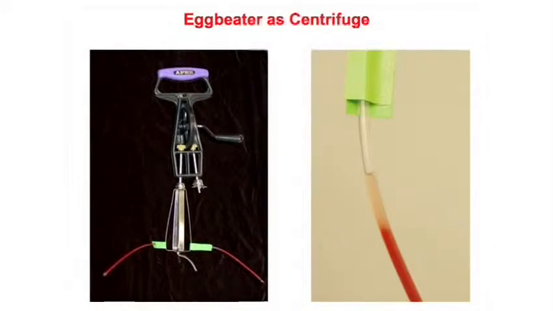Terrific. What happens if you don't have electricity and a centrifuge and whatever? We thought for a while of how you might do this, and the way you do it is what's shown here. You get an egg beater, which is everywhere, and you saw off a blade, and then you take tubing and you stick it on that, you put the blood in, you spin it, somebody sits there and spins it. It works really, really well.